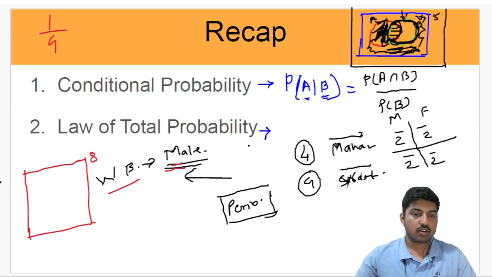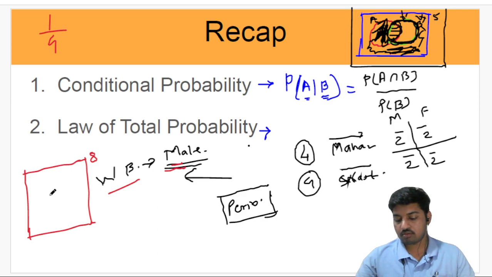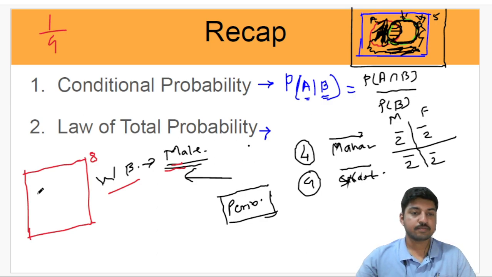So now my state events will be mutually exclusive, or they will not be mutually exclusive. What do you say? Mutually exclusive. Right. So now you have got the idea that states will be mutually exclusive. They will not intersect anywhere. This will be for M, this will be for W, West Bengal.